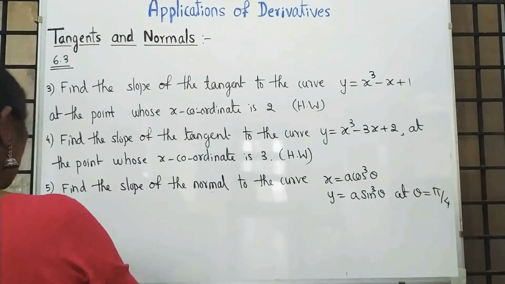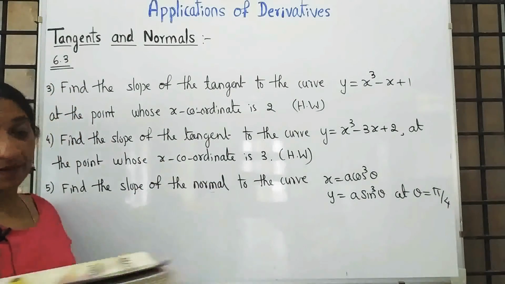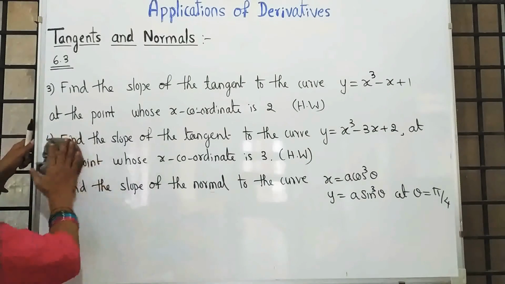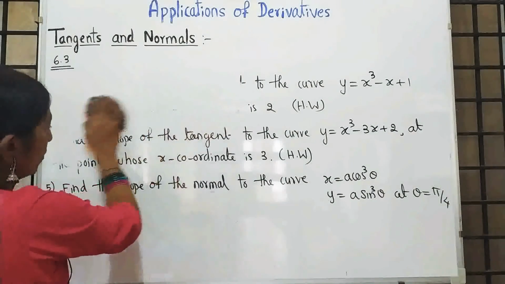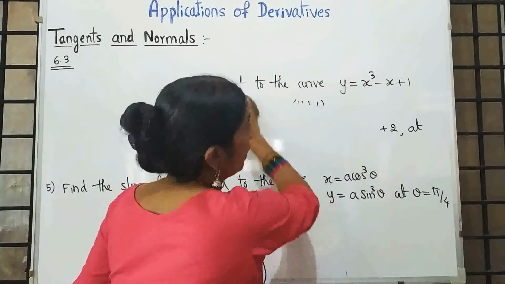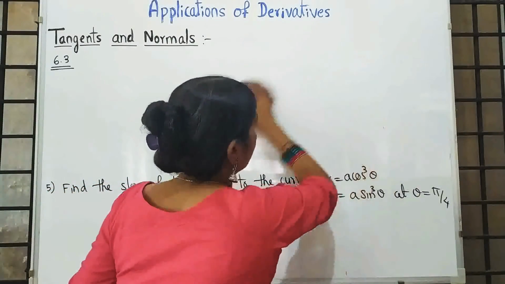See which type of question it is. This is a parametric equation. So we have to find the slope of a normal. It is the slope of a tangent or slope of a normal. First we have to find the dy upon dx.